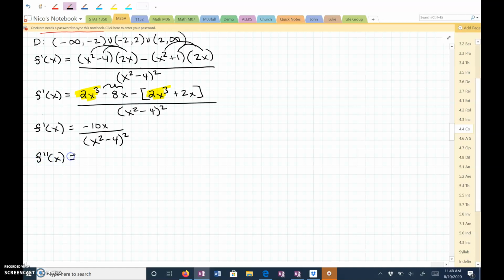Now let's do the second derivative. Again, this is going to be the quotient rule.